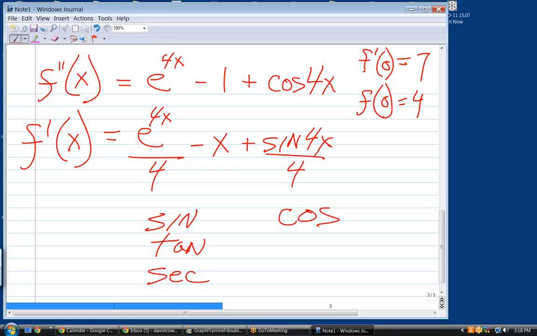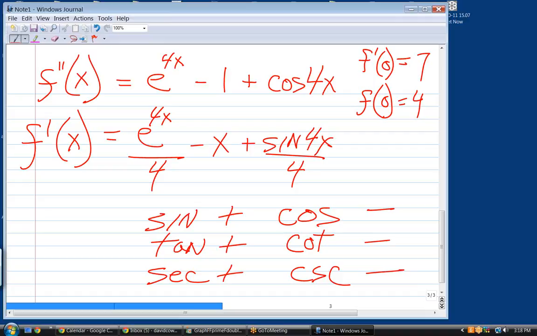That is the cofunction of sine. That is the cofunction of tangent, and that is the cofunction of secant. Well, the derivative of these three are all positives. The derivative of these three are all negatives. So all of the co-functions are negatives. And that memorizes it for you in one easy step.